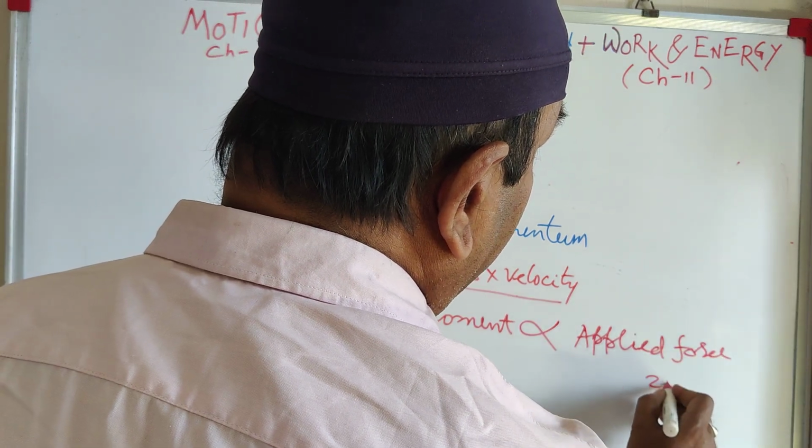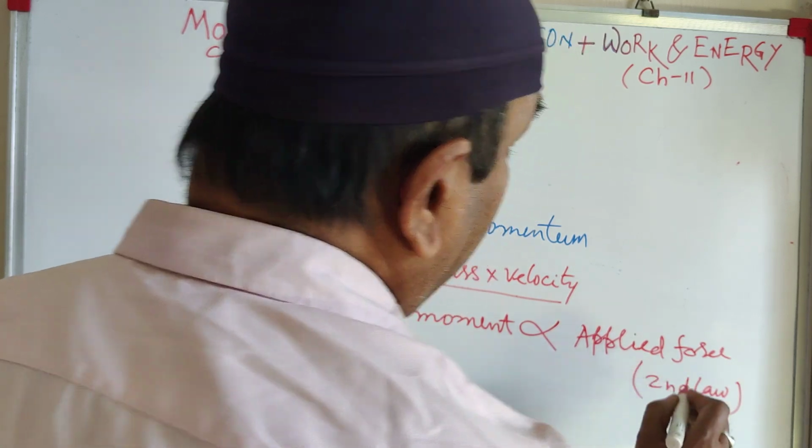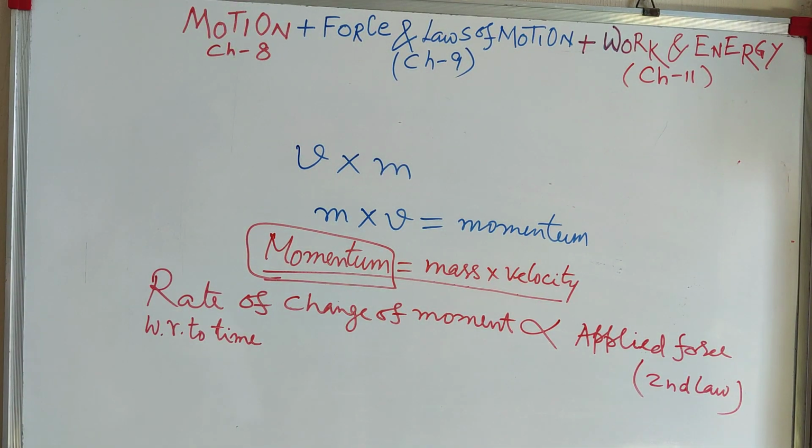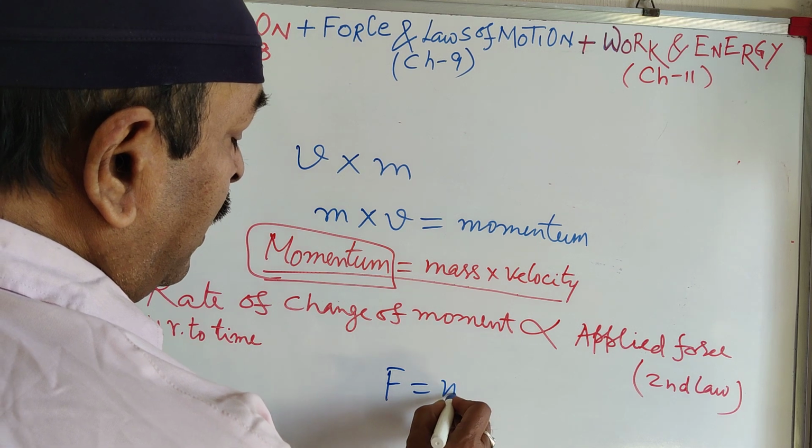This is Newton's second law of motion, a very important law of motion. From here, I am not going into the derivation, we got the formula of force: F is equal to ma.